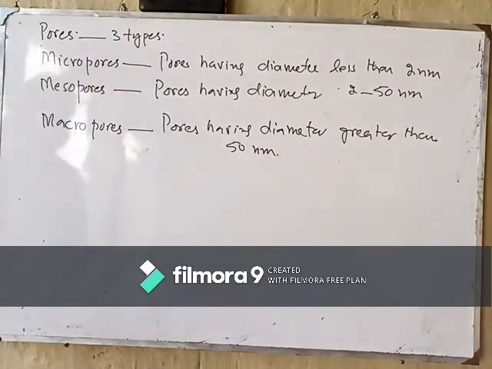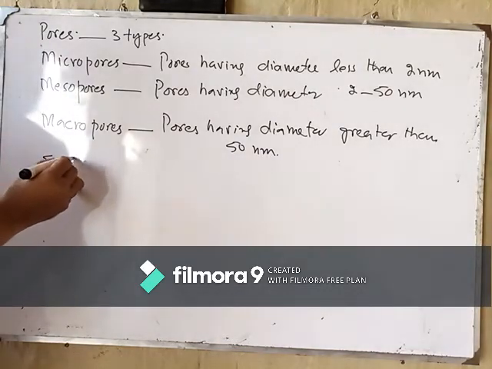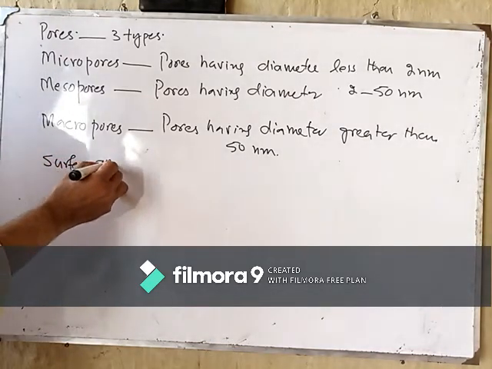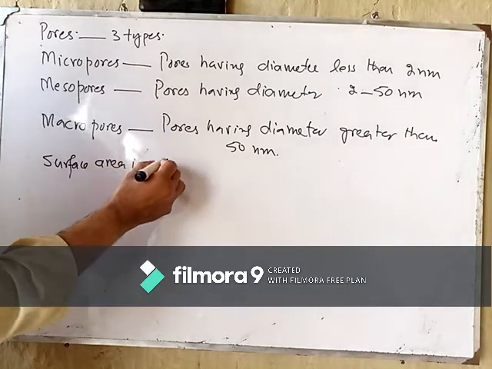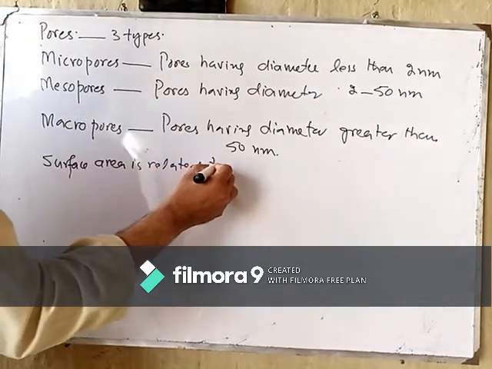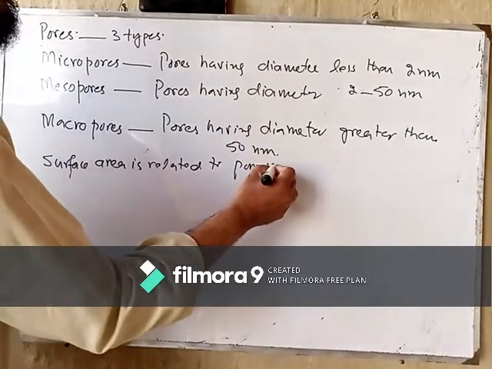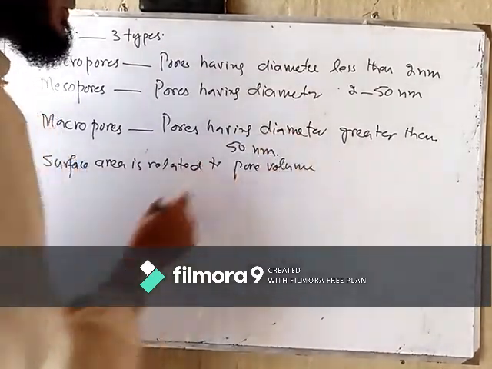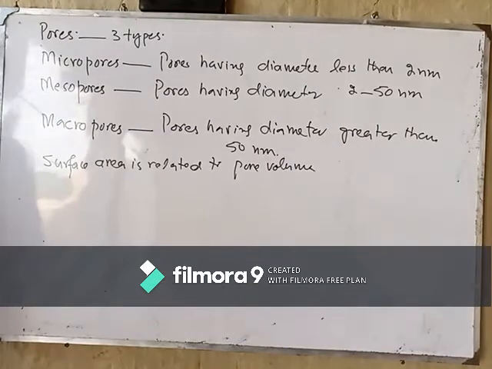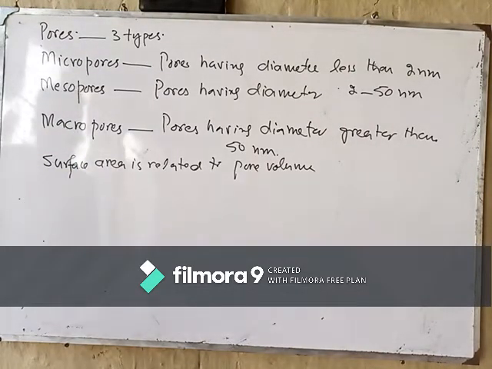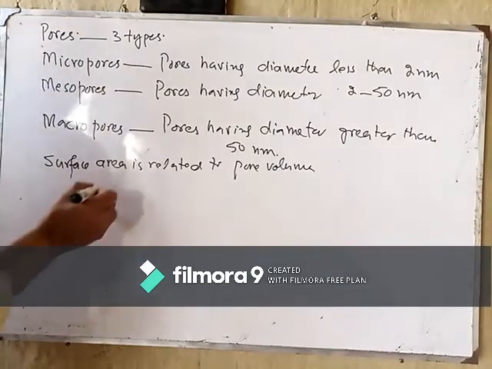So surface area is related to pore volume. The internal surface area is related to pore volume or pore size or pore radius. वो related किस तरह है?